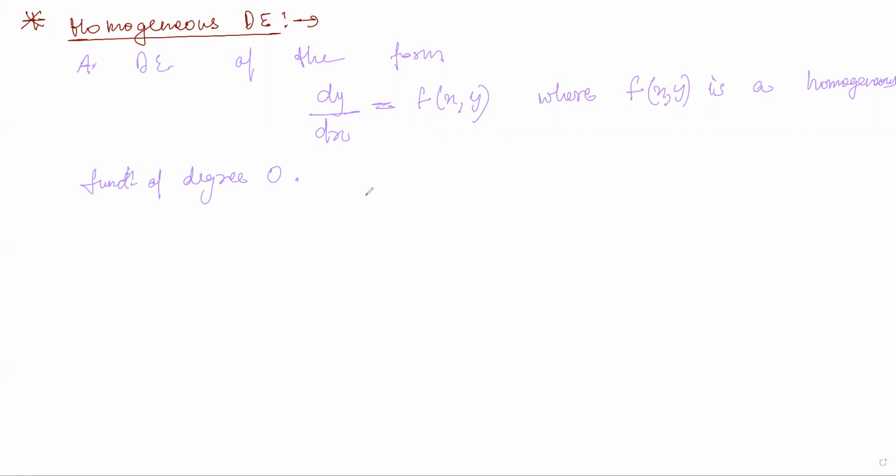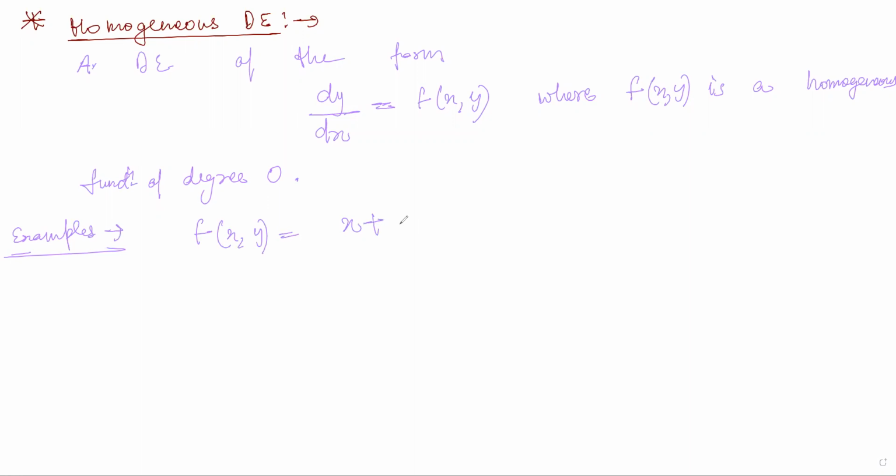Now let's start. How can we solve it? What is a homogeneous function of degree 0? How will it look? First of all, to understand a homogeneous function of degree 0, let's look at some examples.